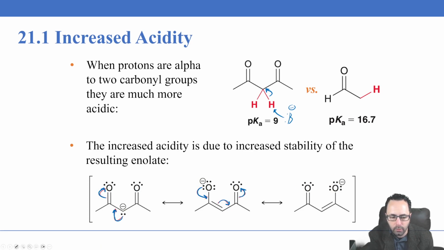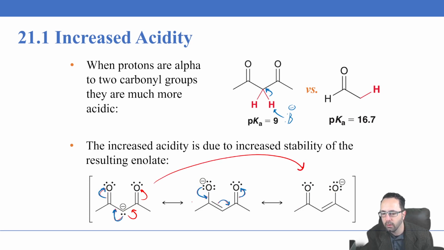So if you wanted to go directly to that, you could just follow these red arrows. If we started here and we use the red arrows like this instead of the blue ones, you'll get to that one. So the shortcut here is just to undo what we just did here and then go and make the other resonance form. So that's a little bit of arrow pushing shortcut for resonance arrows that's being shown.